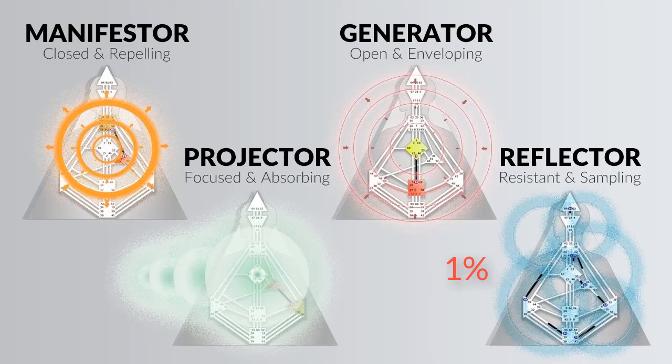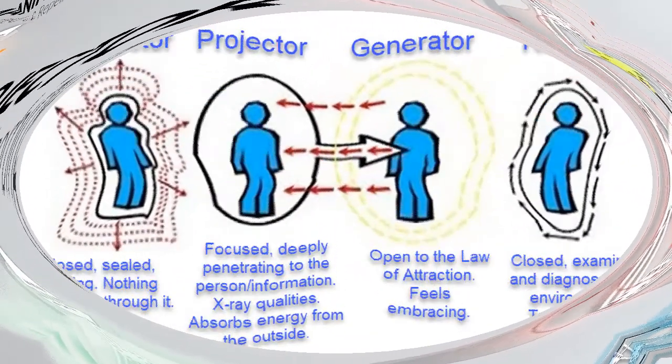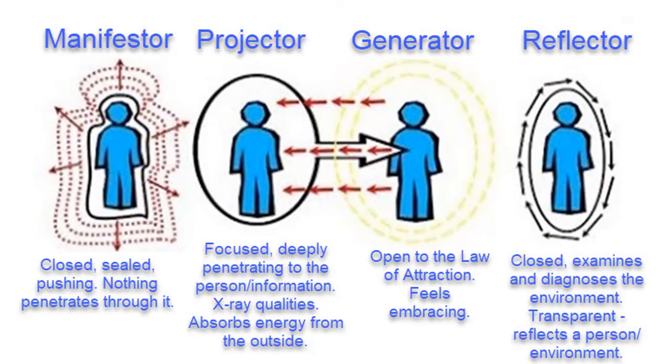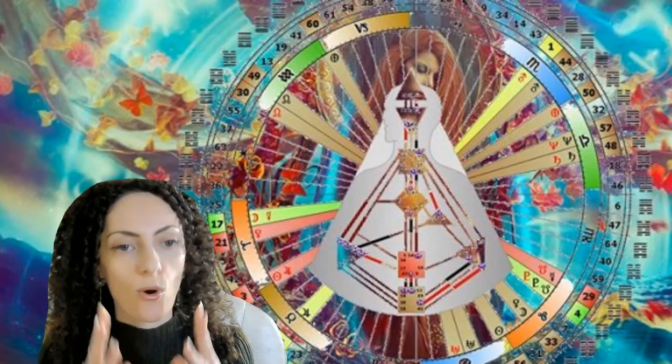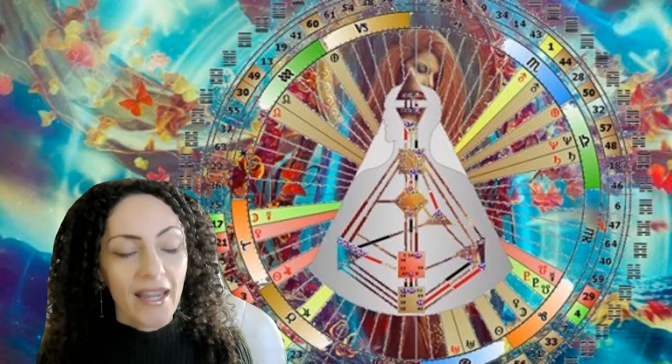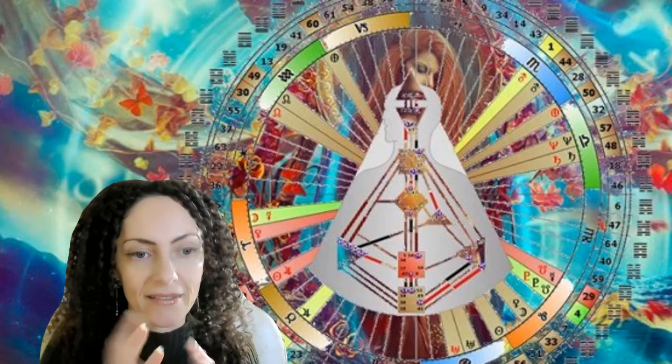There are also subtypes for generators: classical generator and manifesting generator. And we have 5 subtypes for the projector type, but I'm not going to discuss those. Each type has its own aura according to which they affect the world and are affected by it.